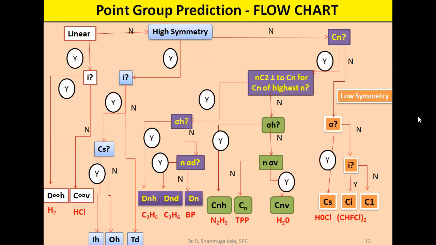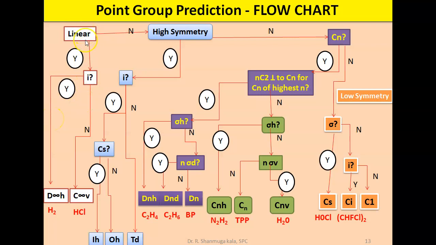And here this flowchart helps you to predict the point group of the molecule. You just go along with the way. First you start with the molecule, whether it is linear, right? Answer the questions and go along this way, and then we can easily find out the point group of the molecule.